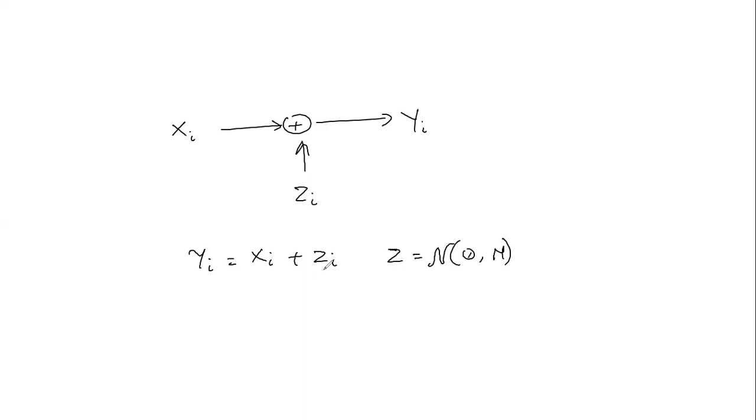You'll observe that the major constraint on this input is going to be the power of this signal relative to the power of the noise, okay? So the energy or power constraint is the major limitation in the communication system.